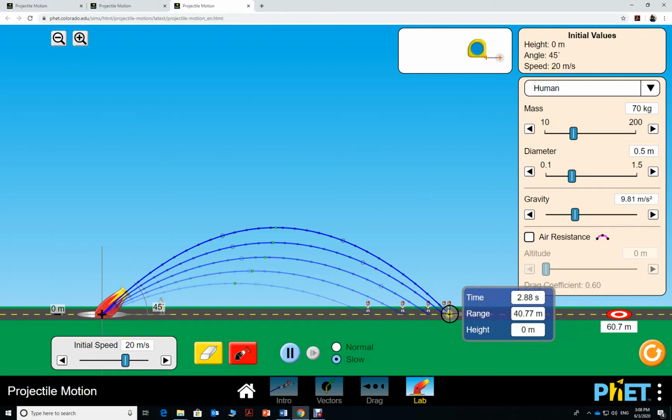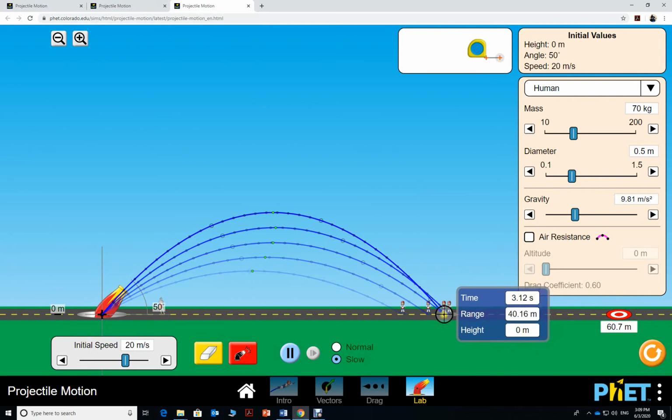The angle will be 50. Throw the ball. Measure, and so on.